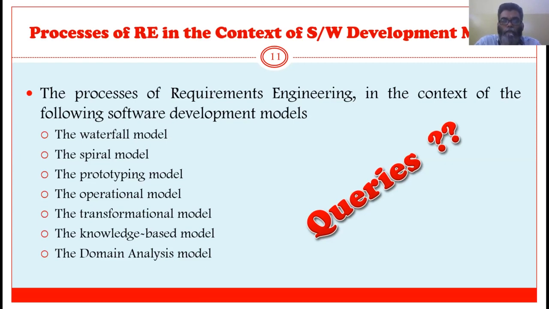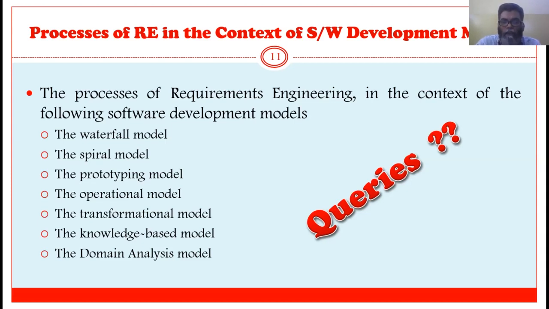Then comes the iterative waterfall model, which goes on iterating. Then the prototyping model: we provide a prototype to the user, get their consent, suggestions and ideas. If there are any modifications, we take it back, make the modification, and give it back to them.